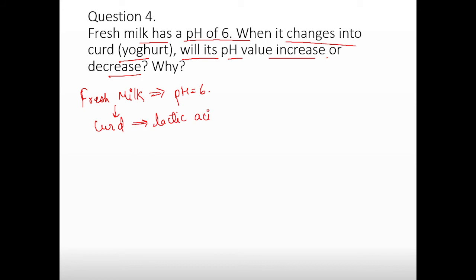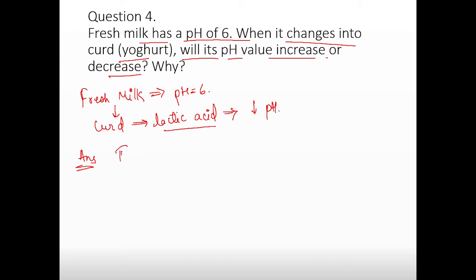It is formed due to the lactobacilli, which feed on lactose, and since the lactose is converted to lactic acid, the pH will decrease. Okay, so the pH of an acid is always low. So you can write the answer here as the pH will decrease.